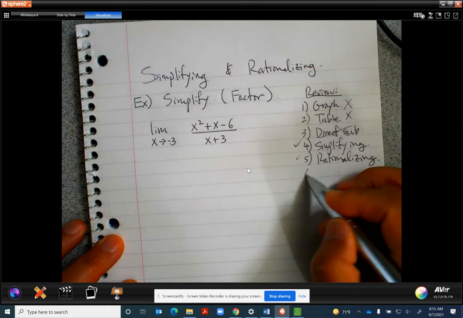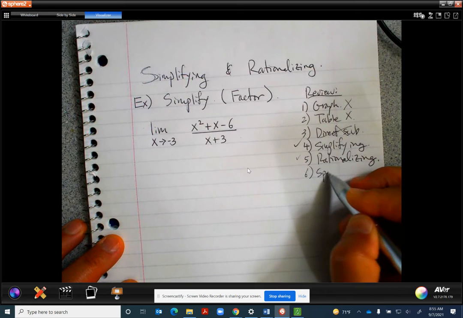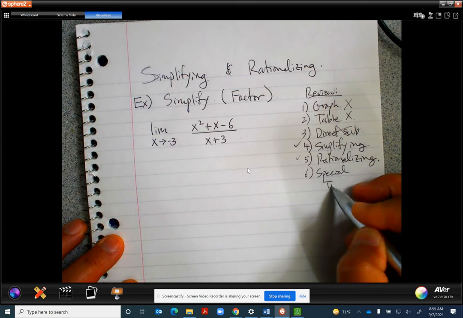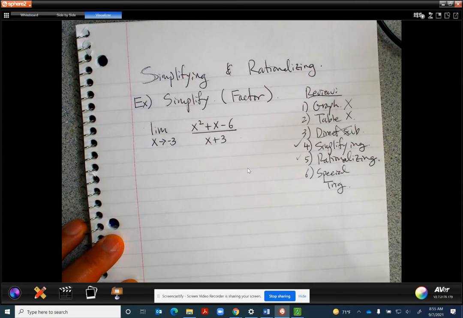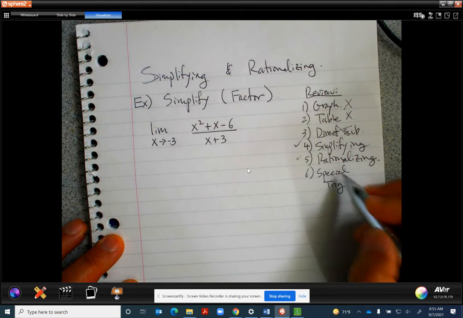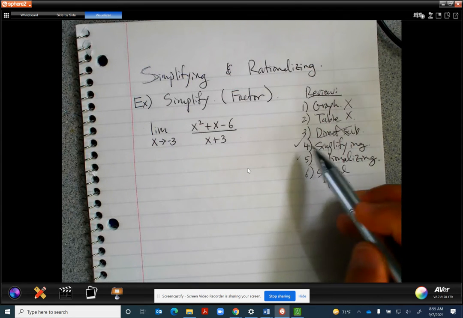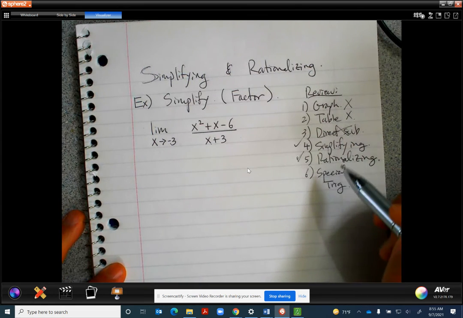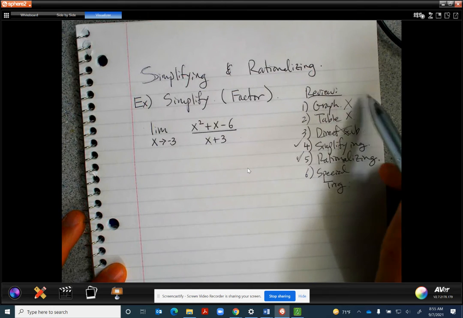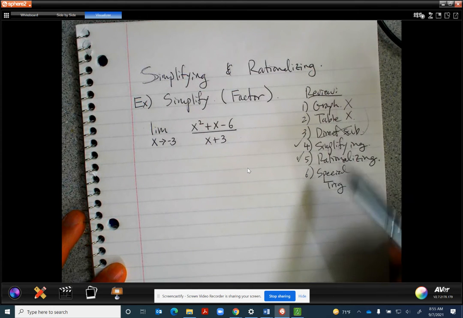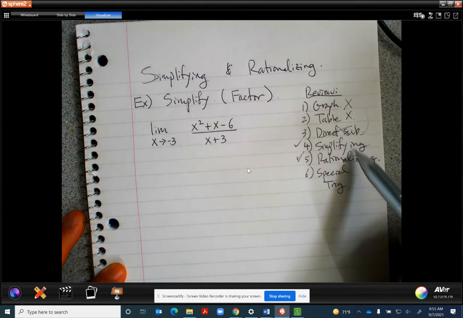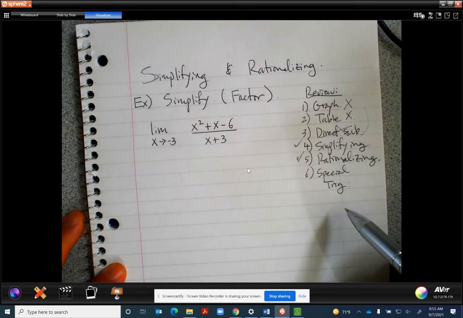We also learned special trig. Did we go over special trig yet? No, not yet. We're going to go over special trig later on this week. There are other methods we need to go over in this class, but so far we just went over those three things, and we're going to concentrate on those two.